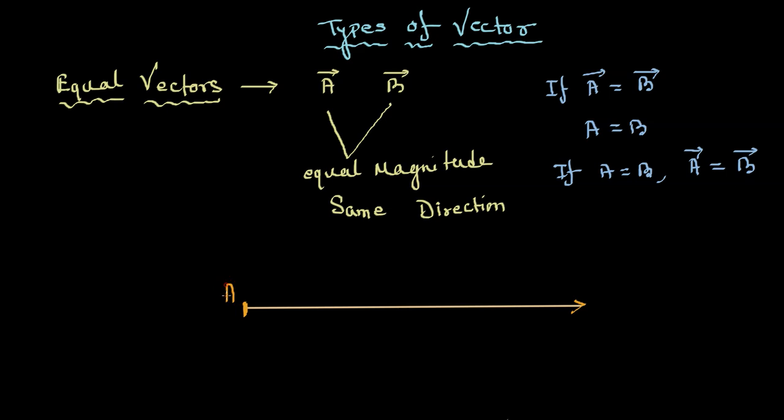This position I name A, and this position I name B. This position is called the initial position or start position or point of tail. The terminating position or terminating point is called the head of the vector.